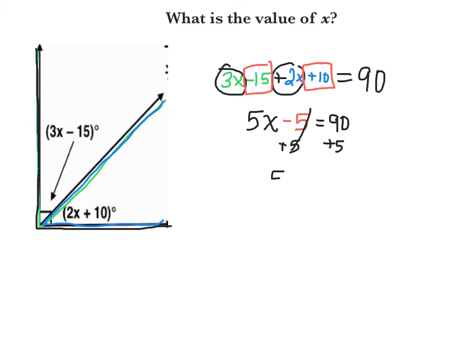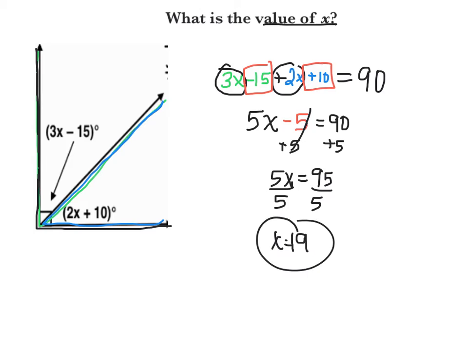Plus 5, 5x equals 95. Divide both sides by 5. And I get x equals 19. Question was asking for the value of x, and I've got the value of x.